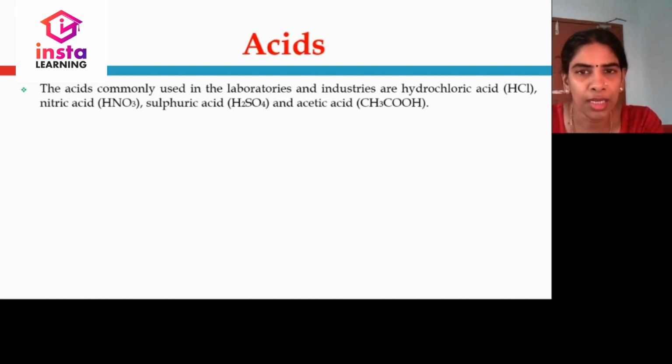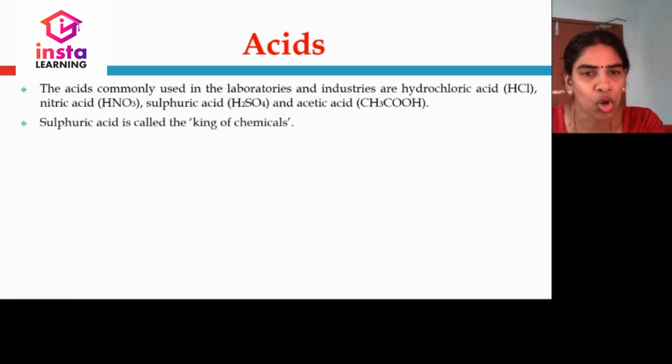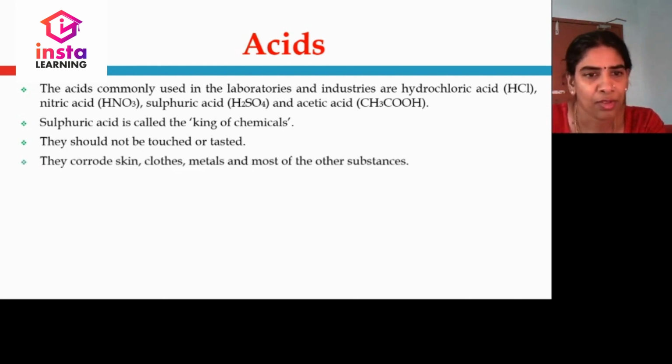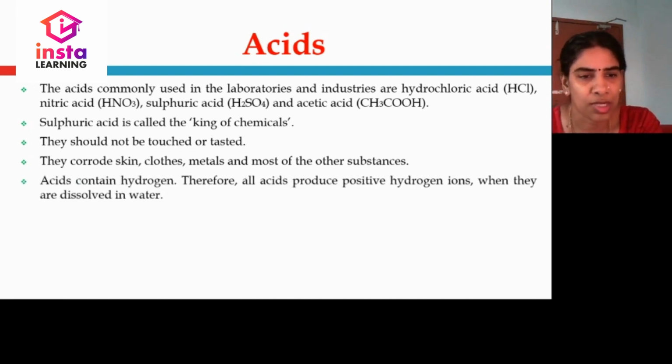These are commonly used in chemical laboratories and industries. Sulfuric acid is called the king of chemicals. They should not be touched or tasted. That is, we cannot either touch or taste acids. We know that they corrode skin, clothes, metals and most other substances.